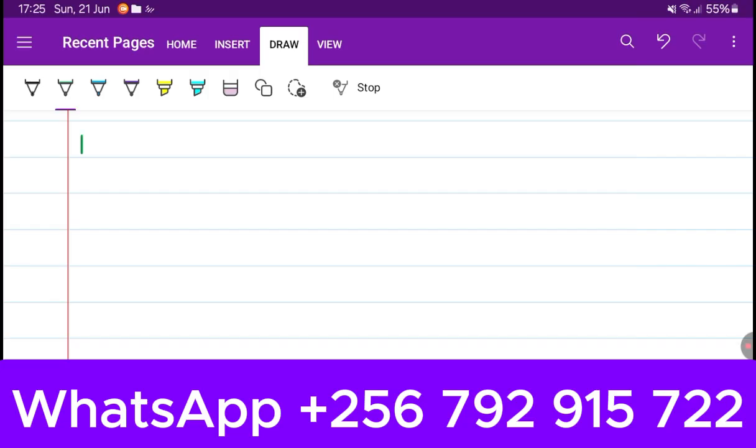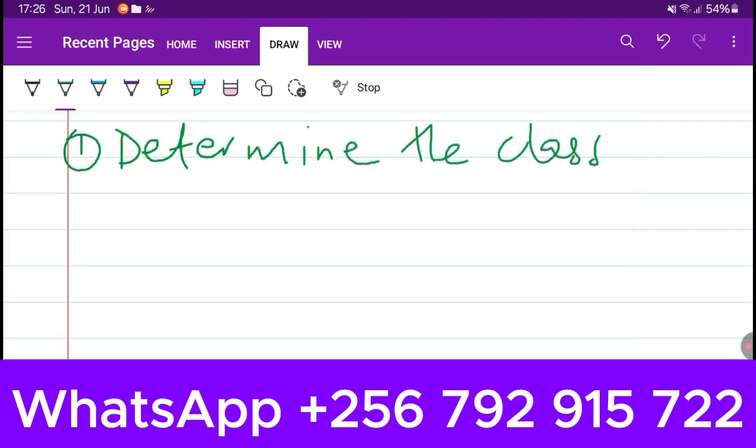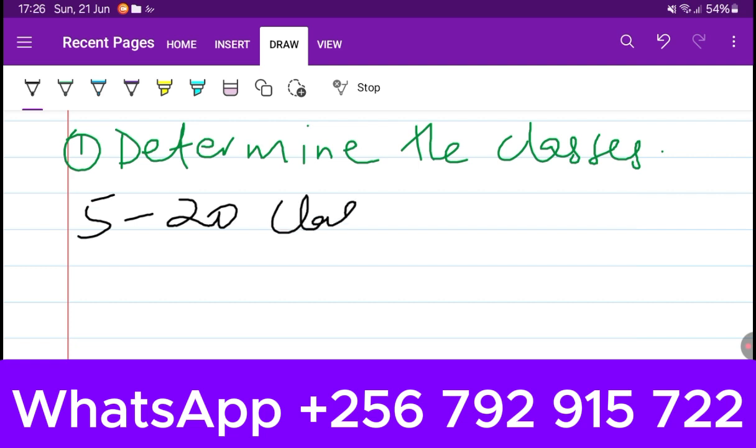The first step is to determine the classes. Of course, determining the classes, most questions that you will see, the classes will not exceed, they will be around 5 to 20 classes.